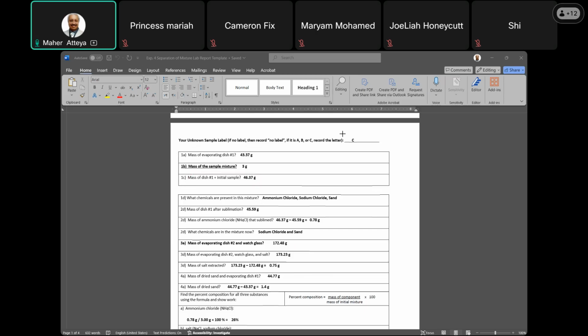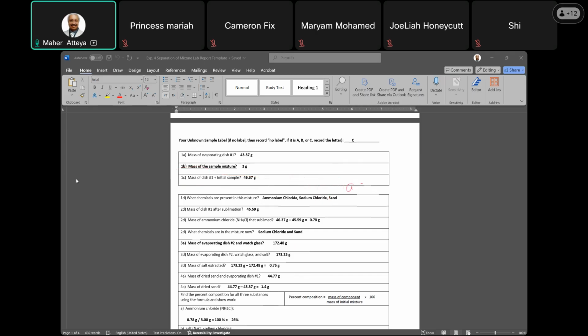Okay, so now inside the sample till here, we have 3 components: sand, silicon dioxide, we have sodium chloride, kitchen salt.